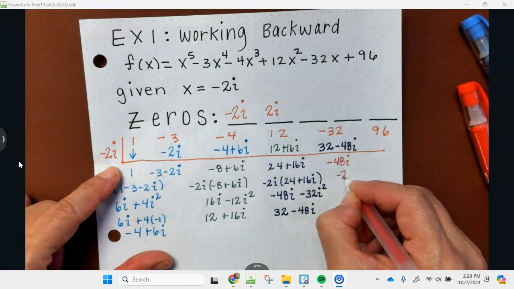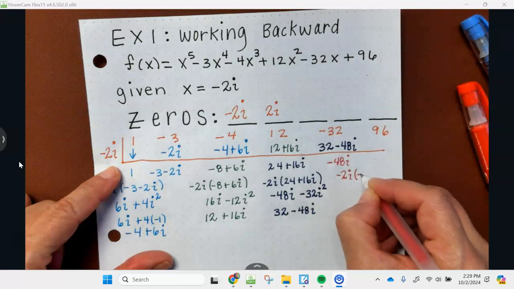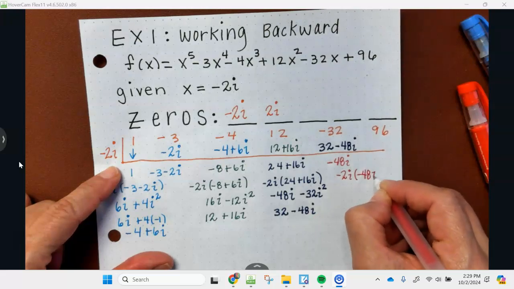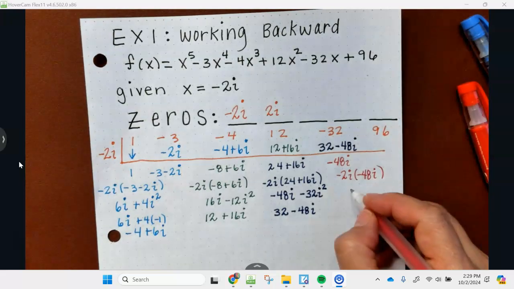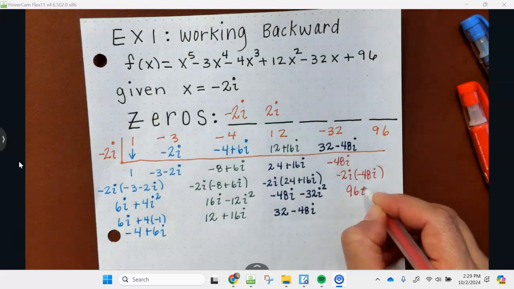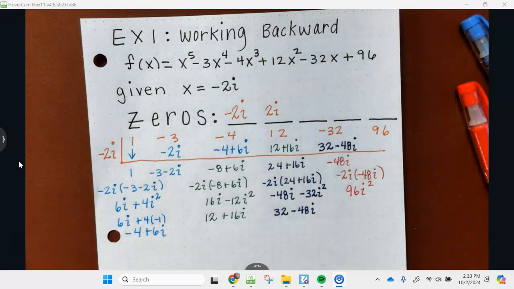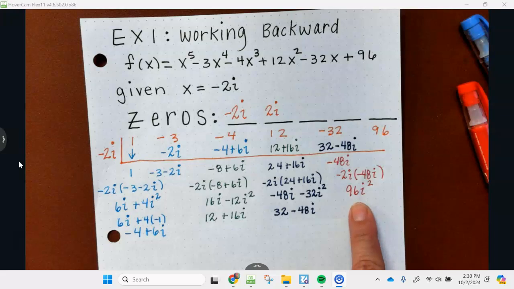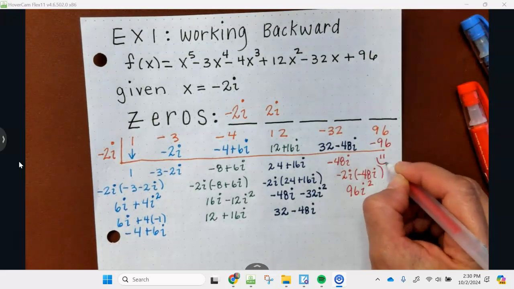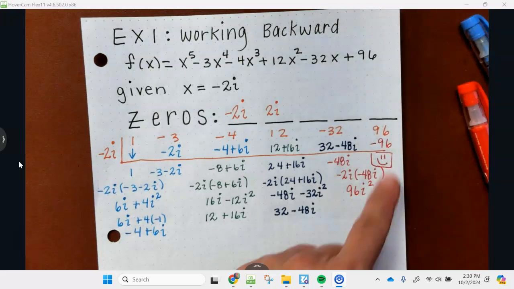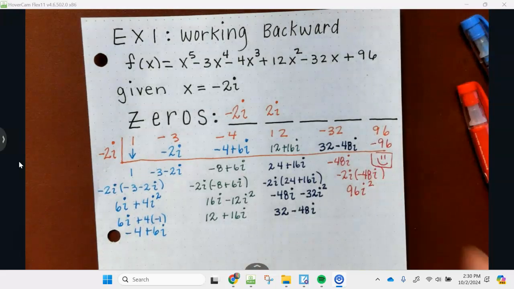So negative 2i times a negative 48i. Negative 2 times negative 48 is a positive 96. And i times i is i squared, and we did it. That turns into a negative 96. Whew. Remember, that has to be a 0 right there. All right, cool. You are officially in the weeds.